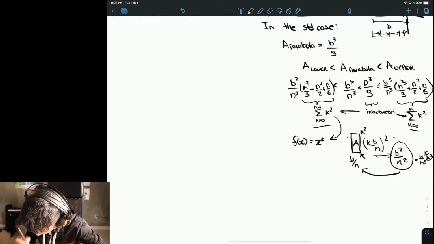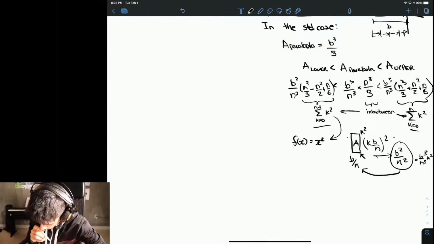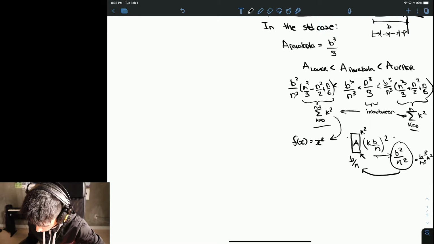So the k squared term comes from all those rectangles, but basically everything stays the same.